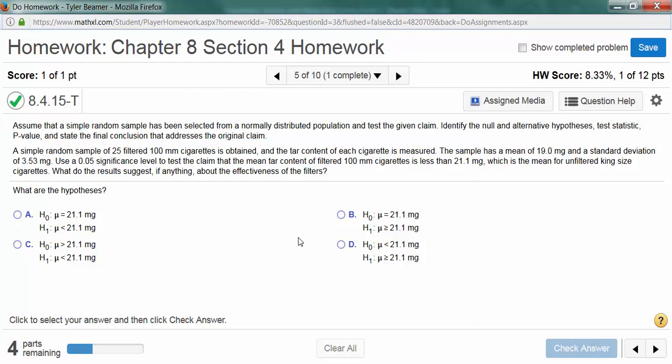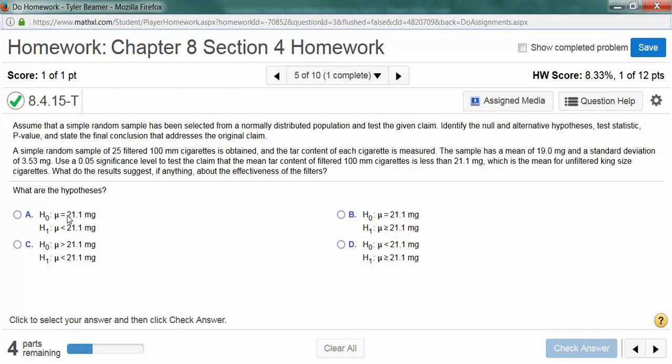So the first thing is to identify the null hypothesis, H sub 0, and the alternative hypothesis, H sub 1. In this case, we are assuming that the null hypothesis is mu equals 21.1. In other words, we're assuming that the amount of tar that you would get from a filtered and unfiltered cigarette would be equivalent.